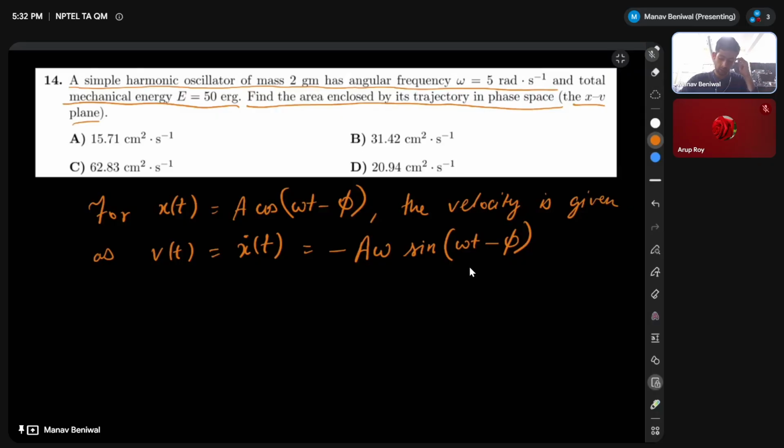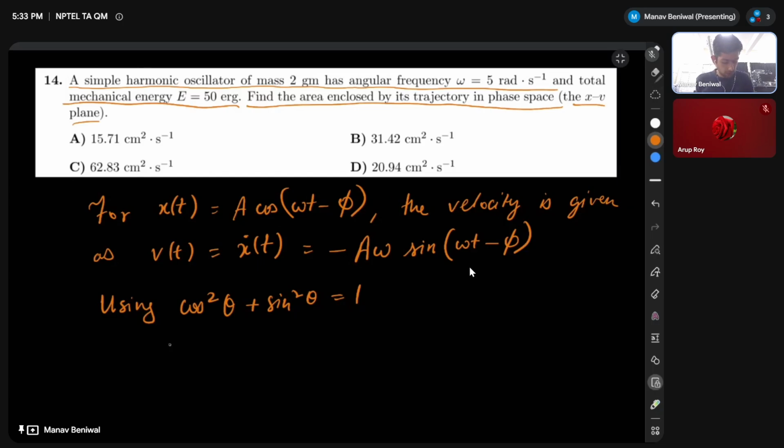So what we can do is use the identity cos squared theta plus sine squared theta is 1, right? Here we have this cos term and here we have this sine term.